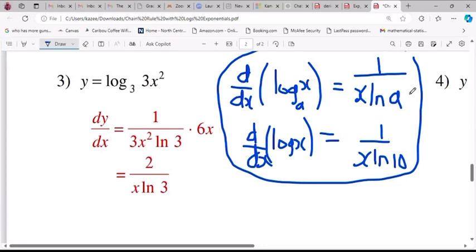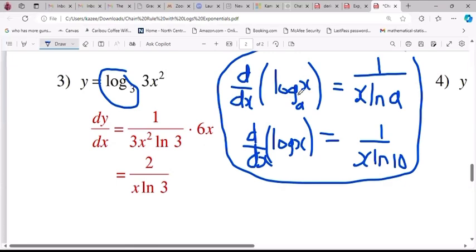I said I'm going to write 1 over x ln a, so I'm just going to write 1 over whatever you see here, 3x squared, then the ln a, so ln 3. Then you differentiate 3x squared, which is going to be 6x.